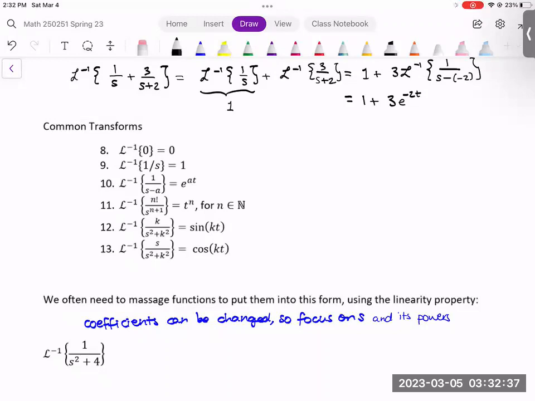Okay, and we'll figure out how to make the coefficients right. So as an example of that, if we take a look at this next one, the inverse Laplace transform of 1 over s squared plus 4, I'd like you to take a look through these options, say what reminds you of 1 over s squared plus 4.